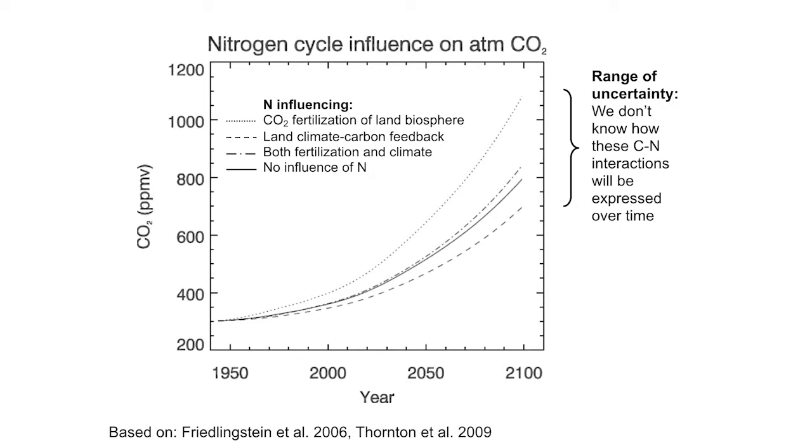But what I'll just point out is that based on the uncertainties that we have in terms of how those feedbacks play out at the large scale, at the global scale, over long periods of time, on this century kind of time scale, it's possible to have uncertainty in the final prediction of atmospheric CO2 concentrations, which are on the order of hundreds of parts per million of CO2, which is a big deal for the atmospheric concentration and the climate change related to that.